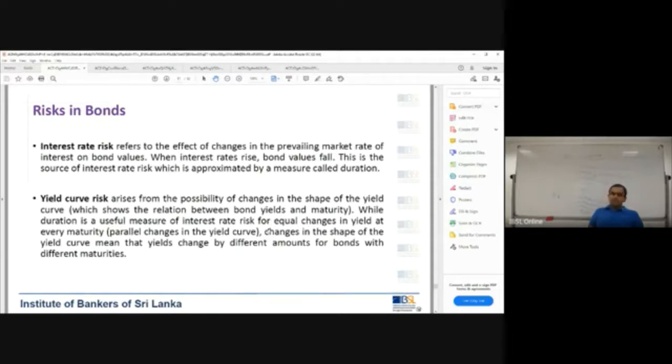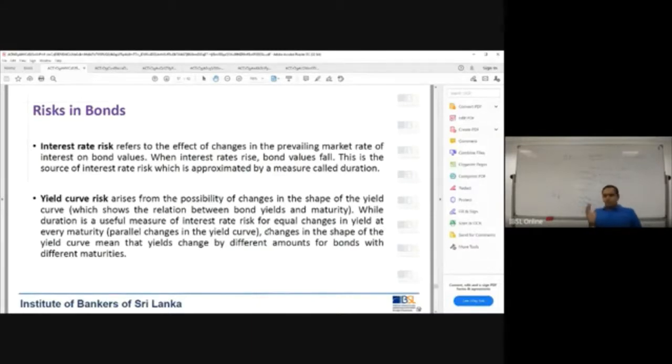Yield curve risk. Now, the yield curve also can change. It arises from the possibility of changes in the shape of the yield curve, which shows the relationship between bond yields and maturity. While duration is a useful measure of interest rate risk for equal changes in yield at every maturity, a parallel change in interest rate in the yield curve, changes in the shape of the yield curve means that yields change by different amounts for bonds with different maturities.